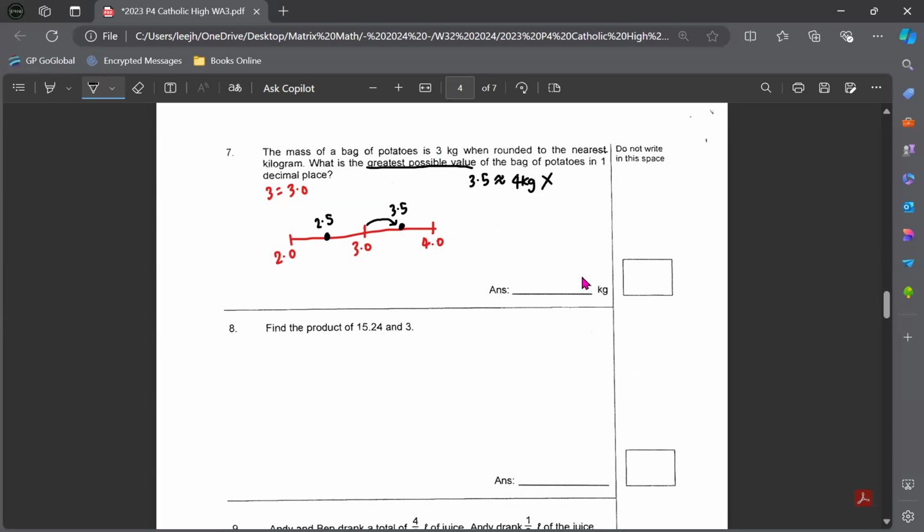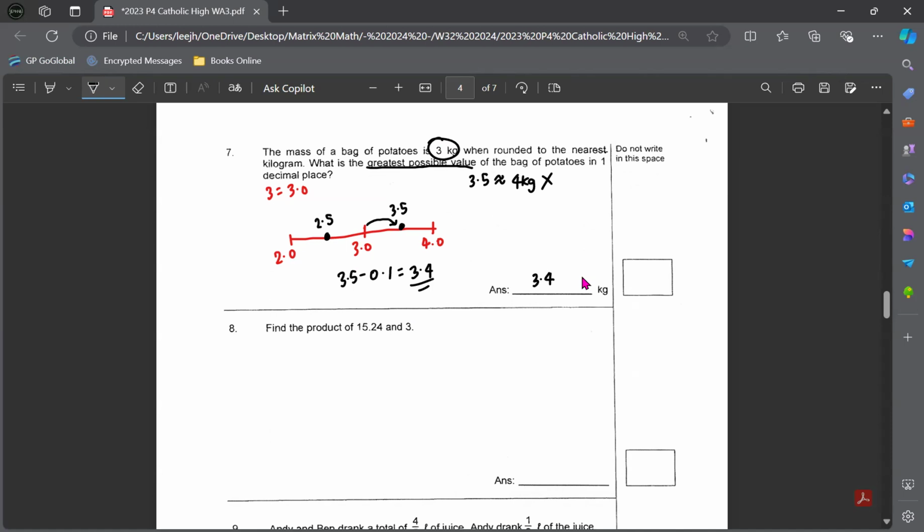I don't want this. I want it back to 3 kg, which means it cannot be 5 and more for the tenths place. It must be 4 and below. So you just need to take 3.5 minus 1/10, which is 0.1. 3.4. So our answer is 3.4 kg.